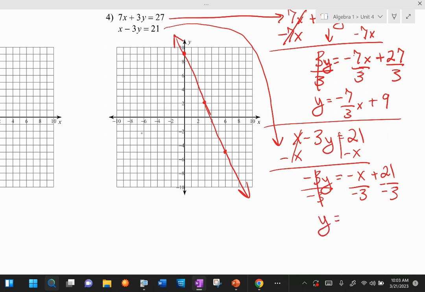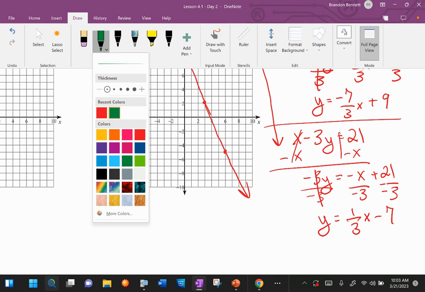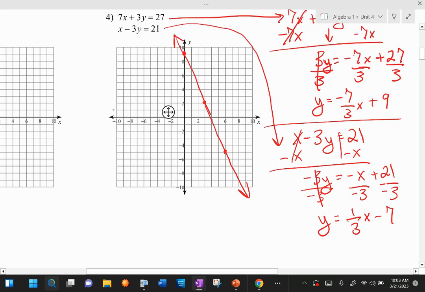That's going to give us y equals 1/3 x minus 7, which we can also graph, which is going to give us a y-intercept of -7. Then we will go up 1, right 3. Up 1, right 3.